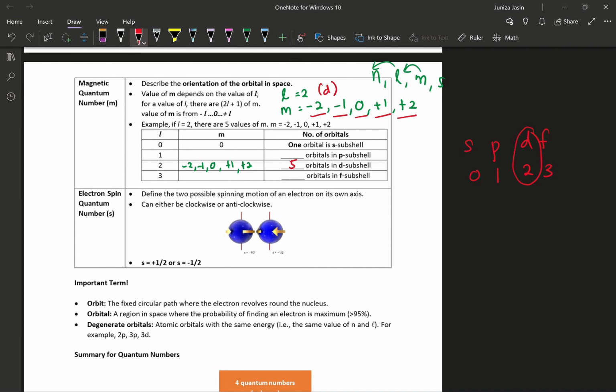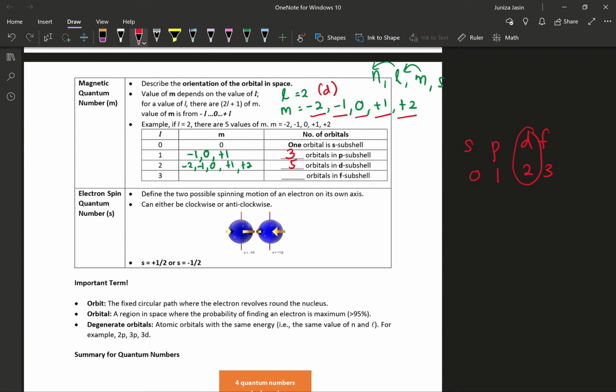Tapi for P, kita draw 3 je kan? The shape dia tadi. Okay, so kita draw 3. So, kita expect value of m untuk L equal to 1 sebenarnya ada 3 values. Okay, so kita check. So, when L equal to 1, m kita start daripada negative 1, 0 and plus 1. Okay, memang betul. Ada 1, 2, 3 sahaja nilai of m. So, that means there are 3 orbitals in P subshell.